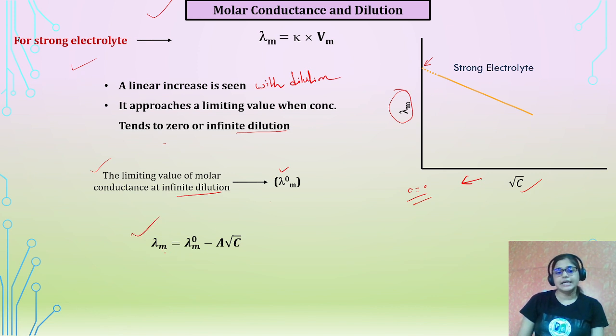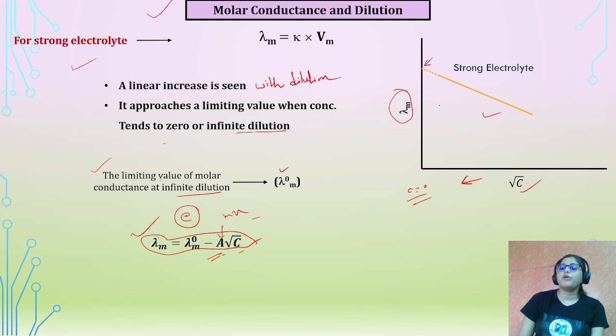We can explain it with this: delta M equals delta M0 minus A into root C. A is constant, like M and X, and C is X obviously. This is a constant value. So the slope is negative, you can see. When we plot that, we get this.